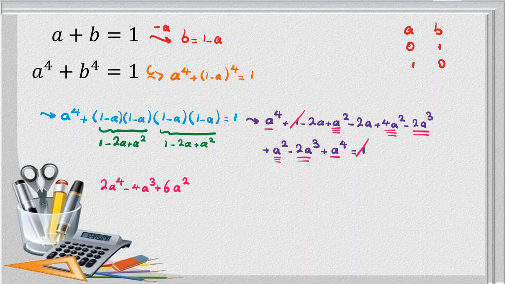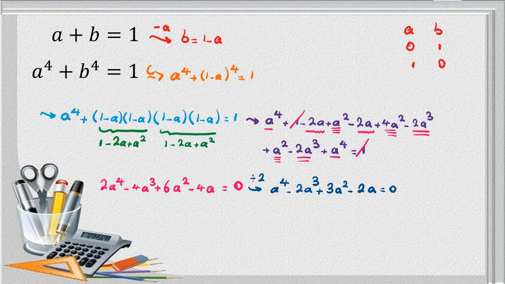Now, negative 2A, negative 2A, negative 4A, equal to 0. Now, we divide both sides by 2, so it will be A to the 4 minus 2A cubed plus 3A squared minus 2A equal to 0.